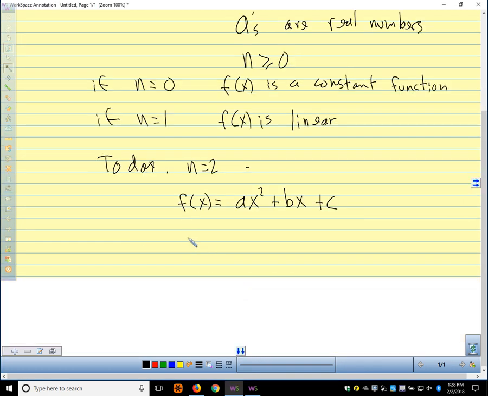This is a quadratic function. And we call this the general form. So when we have something that looks like ax squared plus bx plus c, that's the general form of a quadratic function.